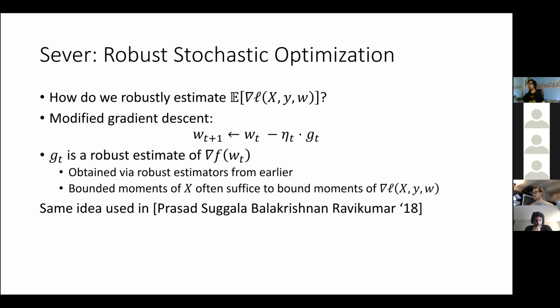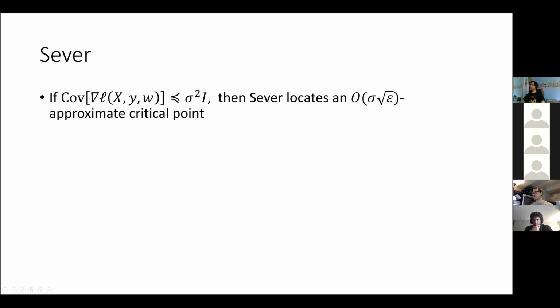Okay. Cool. So essentially, our main theorem is something like the following. If we have this technical condition which says that the covariance of the gradients is bounded by sigma times the identity, then Sever, which is our algorithm, will locate a sigma times root epsilon approximate critical point. So notice that this is just an approximate critical point.